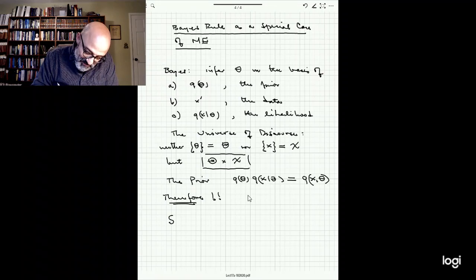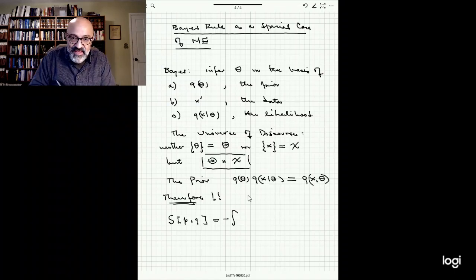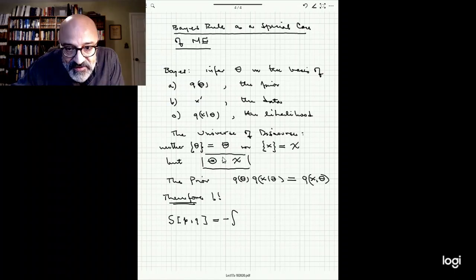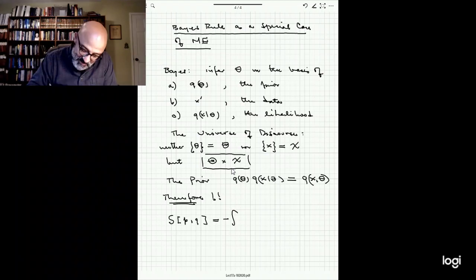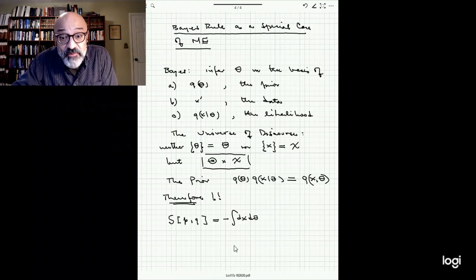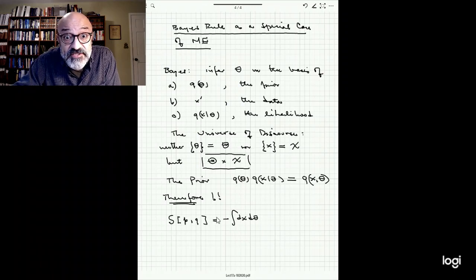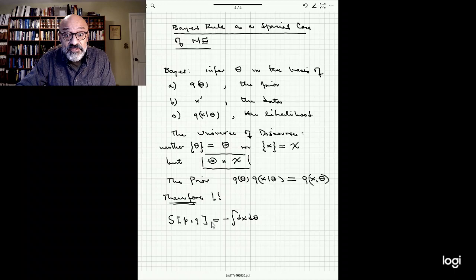The entropy is an entropy in the joint space. By the way, this is the most difficult part of the whole derivation, figuring out what it is that you're talking about, what you're going to be integrating over when you discuss what an entropy is.